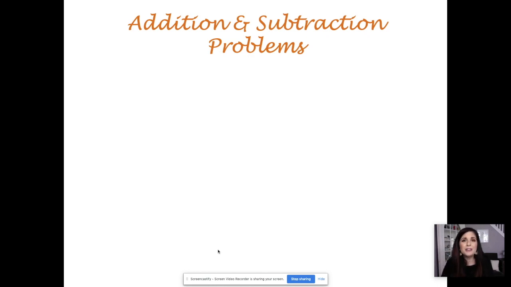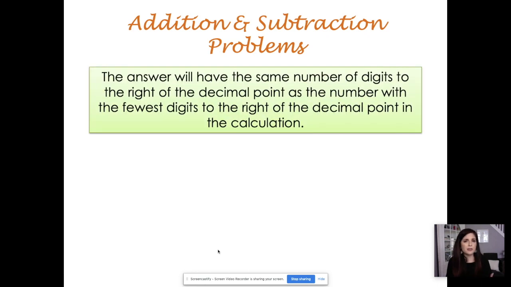And there's really only two basic rules that you need to follow. One rule is for addition and subtraction. It's a lot easier to do it than it is to talk about how to do it. So I'm just going to put this up here. You can write this down, and then we'll do a couple of examples together. So your answer will have the same number of digits to the right of the decimal point as the number with the fewest digits to the right of the decimal point.